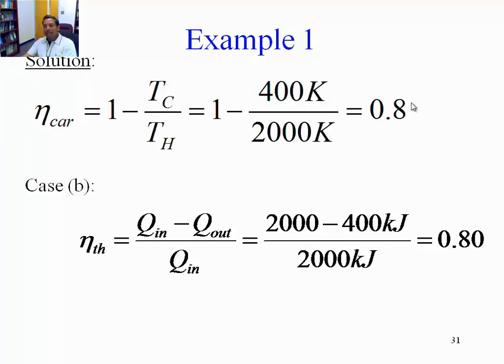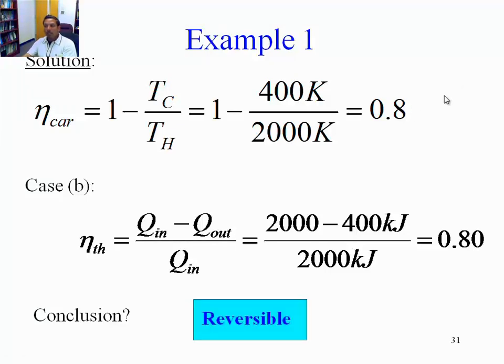That is exactly the same as the maximum theoretical one, which means that this cycle appears to be working in reversible mode. It's ideal, it's perfect, okay, because it's yielding an efficiency that's identical to the maximum theoretical efficiency.